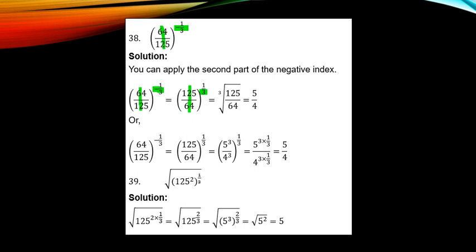1 over 3 means cube root. So you take the cube root of 125 over 64, and that gives 5 over 4. Or after interchanging, to take away the cube root, you need a cube, that is a power of 3, from 125 and 64.